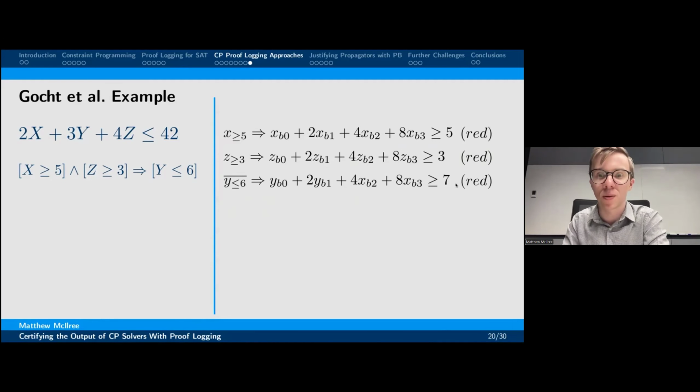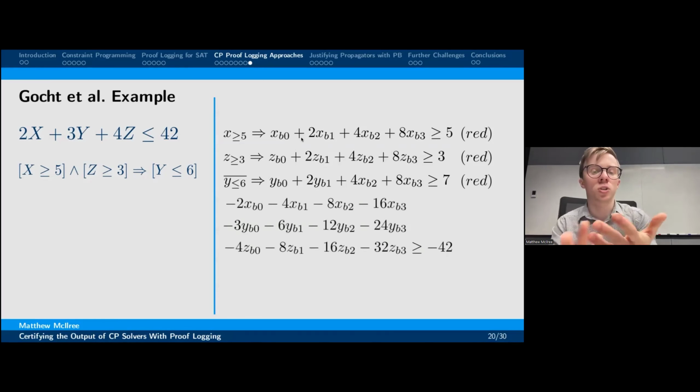Essentially, this is an implementation of an extension rule from a proof complexity perspective. We're deriving new fresh variables reified on constraints. And then we would assume that we have already encoded our linear inequality in pseudo-Boolean terms as part of the input model for that proof system, for that proof checker.